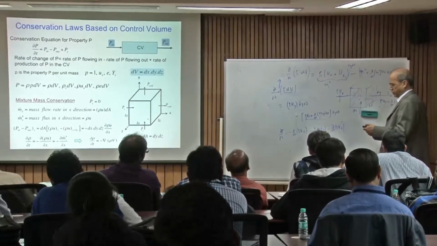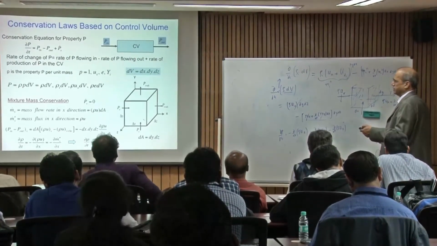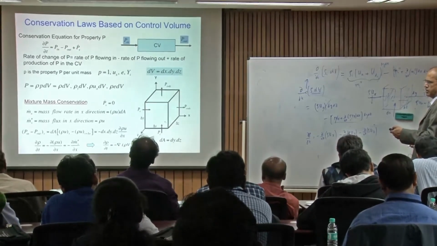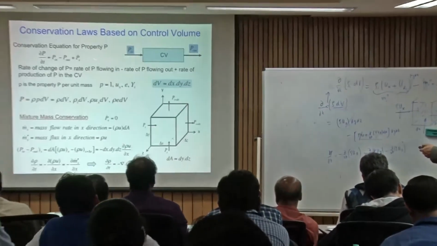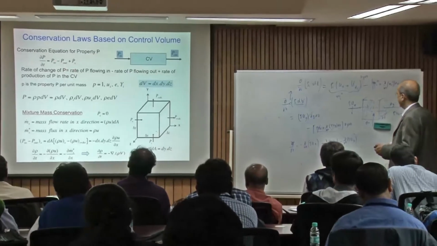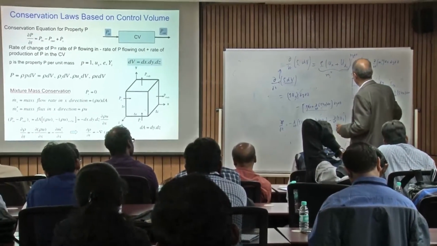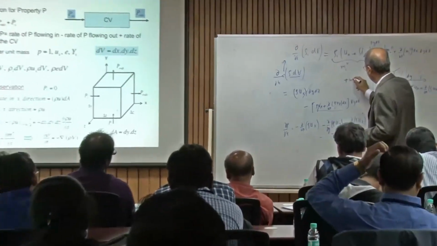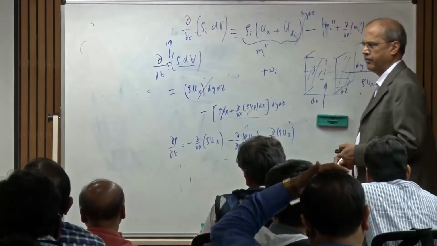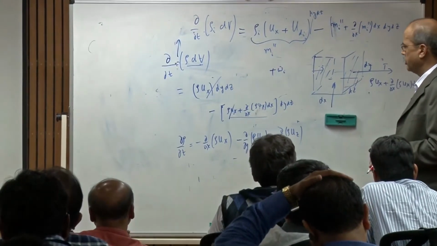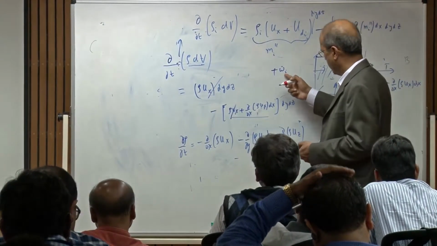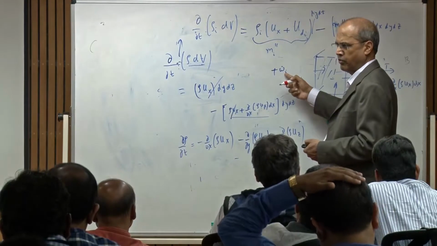Now we have to add the rate of production due to chemical reaction. How do we add that? Remember this term? It was in terms of moles per unit volume.